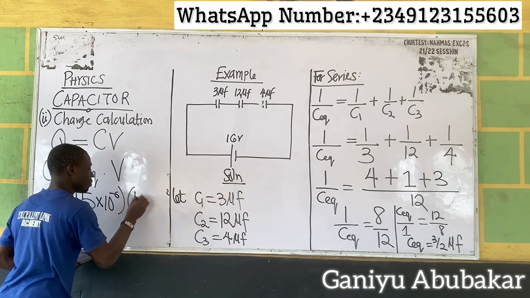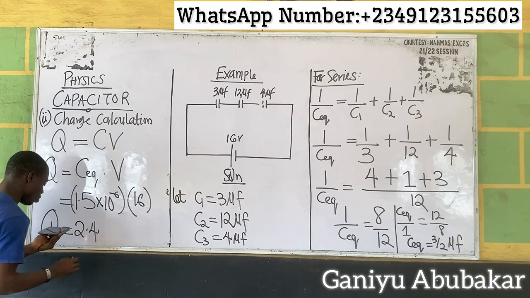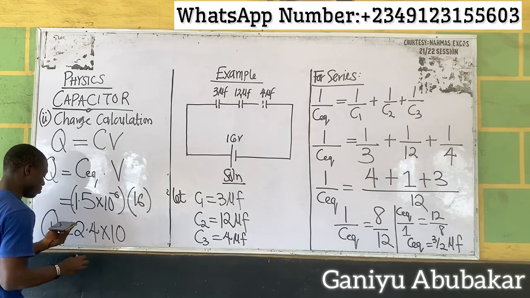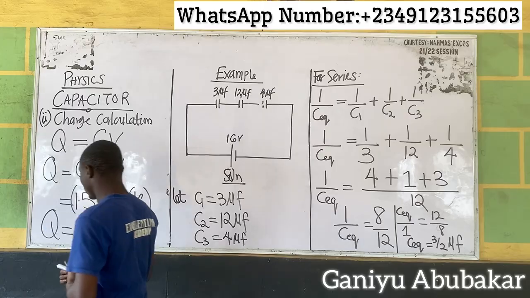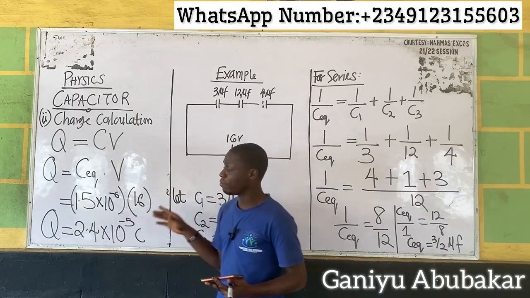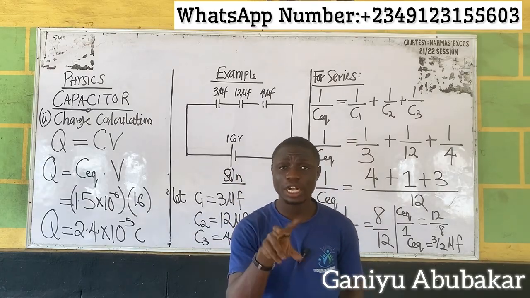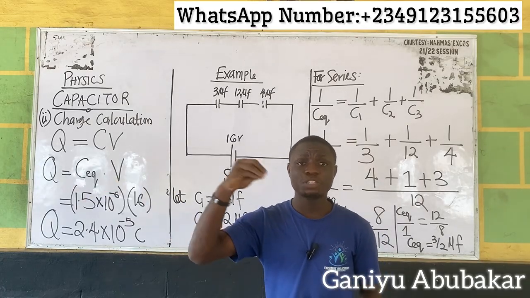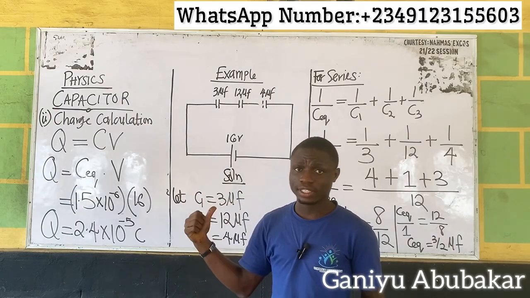So multiply these two, on the calculator I'll have about 2.4 times 10 to the power of minus 5 coulomb. So this is the value for Q. That's Q. But I'm asked to calculate the charge for each capacitor. It means I have to get Q1, Q2, Q3 in this case here.